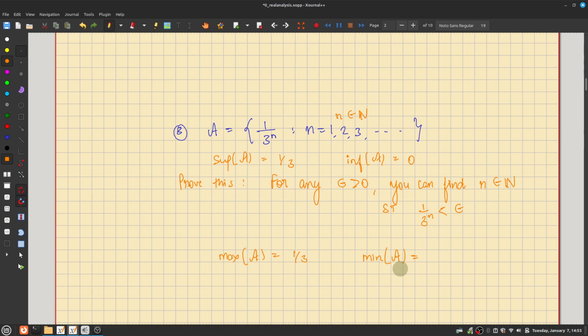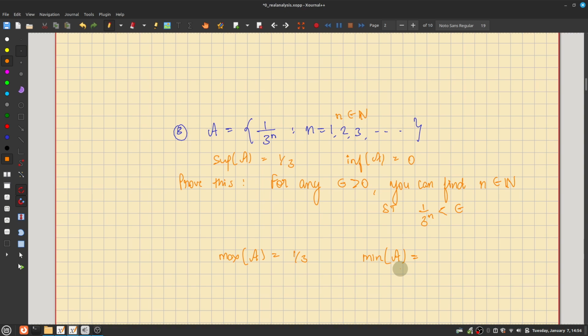Okay, so why do you say that the minimum exists? It exists in this set as a limit. The zero belongs to this set is my claim, and that is the minimum.